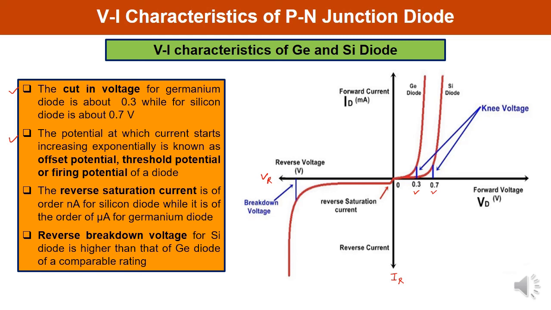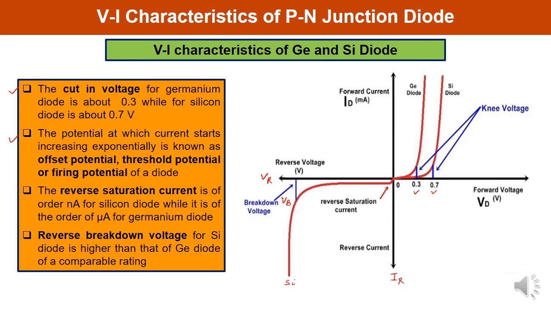Here you can see that in the case of reverse bias, reverse voltage, breakdown voltage is denoted as VB, and this you can say is the breakdown voltage of silicon.